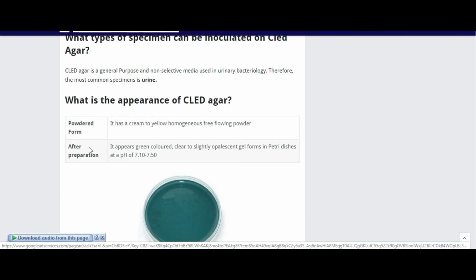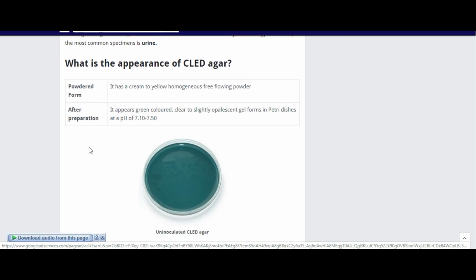It is a yellow homogeneous free flowing powder. And when prepared, you obtain a green colored, clear to slightly opalescent gel in petri dishes. All this is standardized at a pH of 7.10 to 7.50.